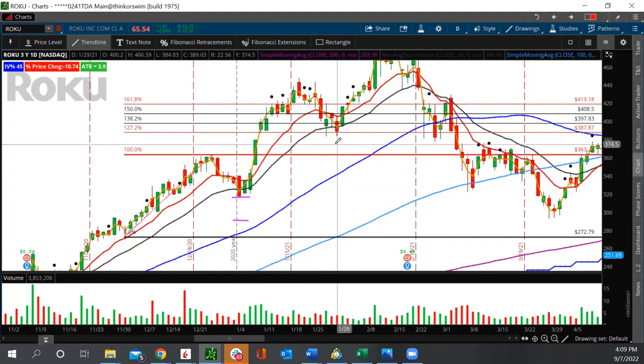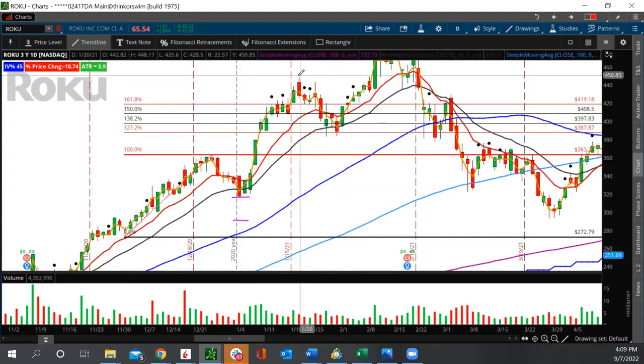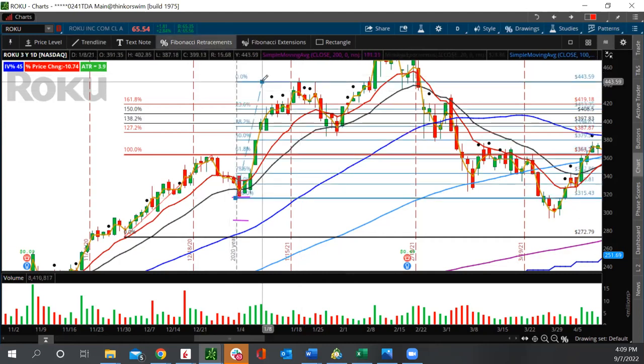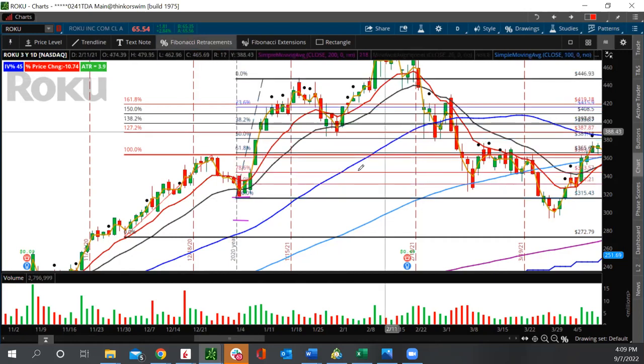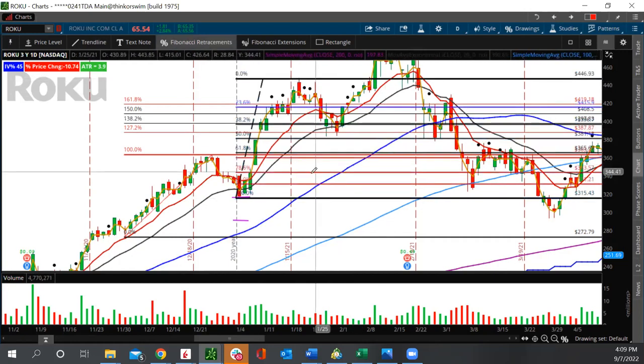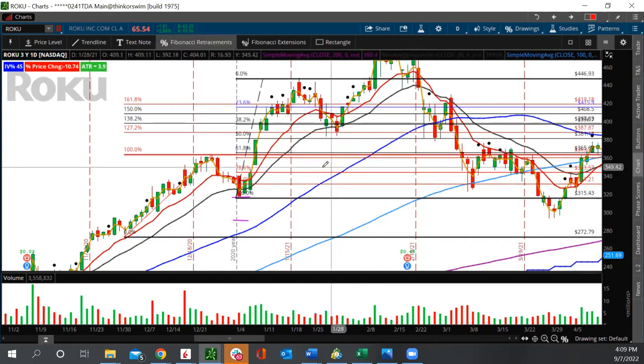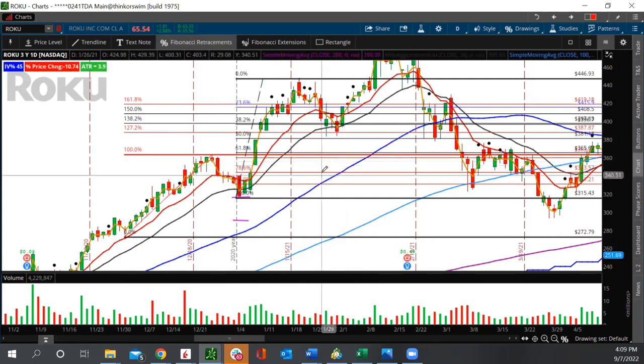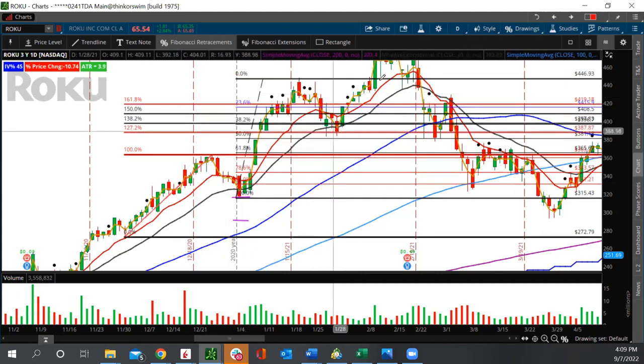So if your stop at this point was here, and if it started to pull back and you threw your retracements back on there, your stop now is right here, right? If you want to use that 78.6, instead of leaving your stop here, your stop is now up here. So no matter what, you're going to lock in maybe 2R, if your stop is up in this level here. And it did pull right back into that 50, and then it went back up.